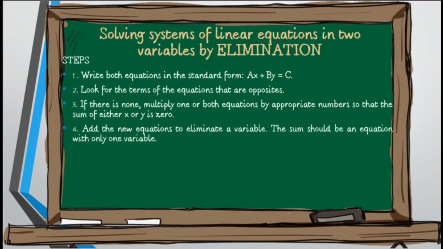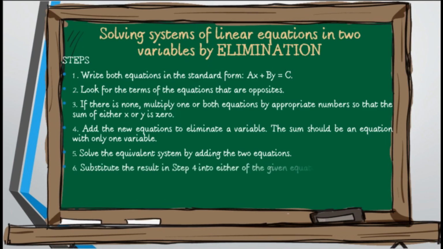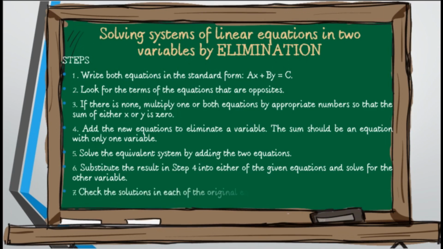Step 4. Add the new equations to eliminate a variable. The sum should be an equation with only one variable. Step 5. Solve the equivalent system by adding the two equations. Step 6. Substitute the result in Step 4 into either of the given equations and solve for the other variable.